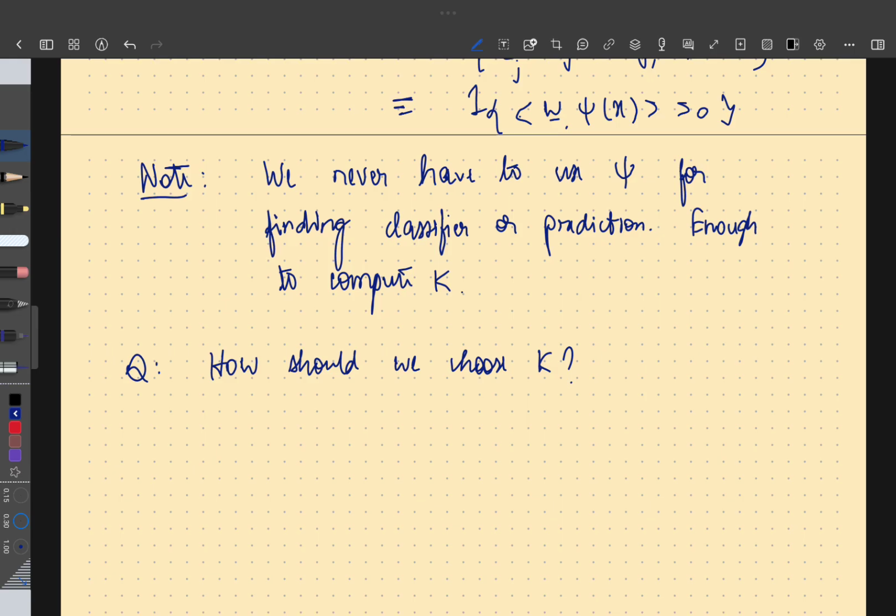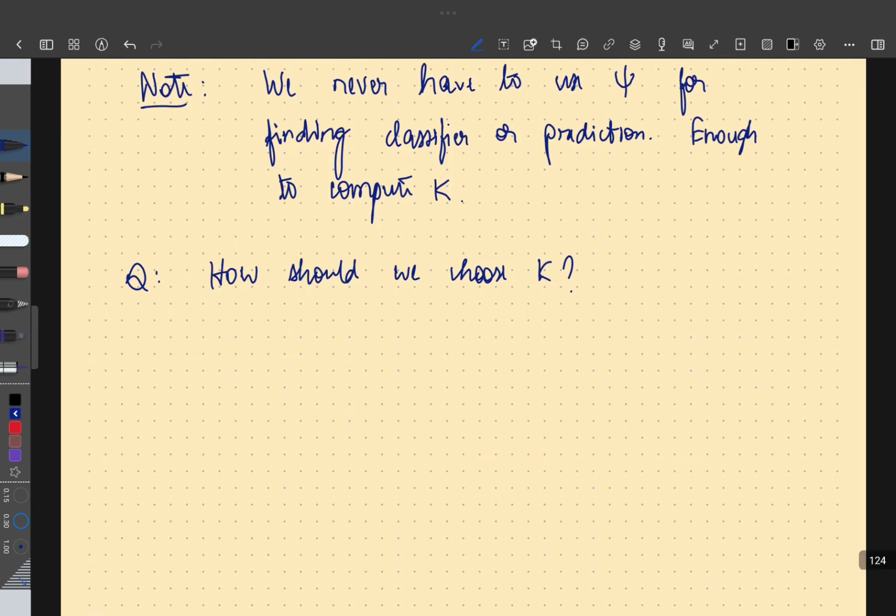Can we choose a k that we know works, and there exists a psi such that the mapping is to a Hilbert space? Right? So the answer is you choose k to be a PDS kernel.